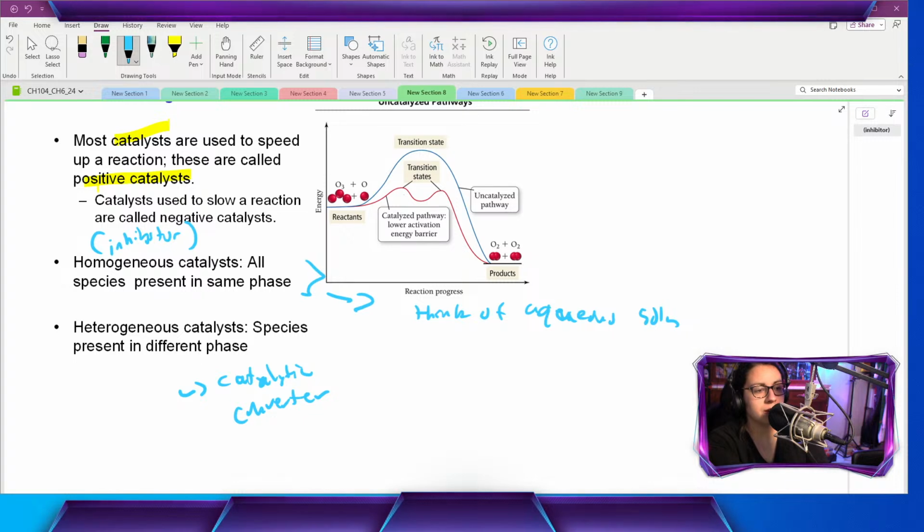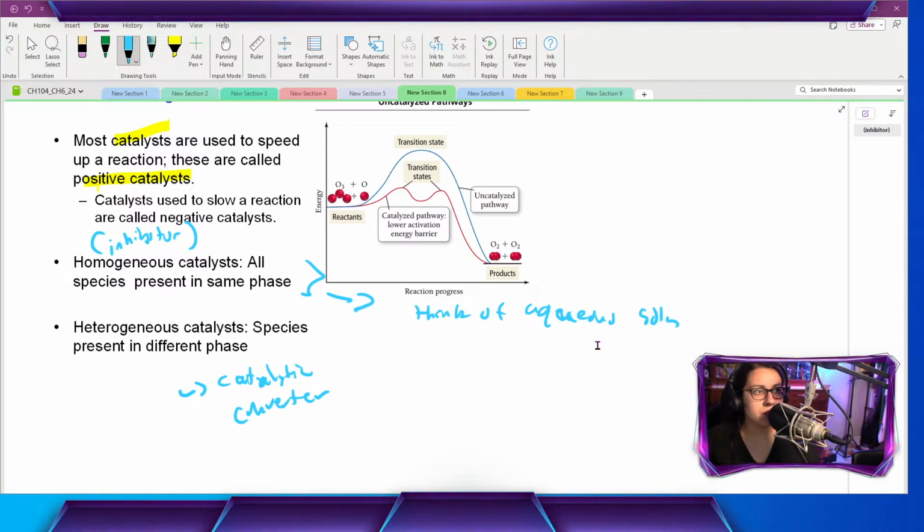Often people prefer, at least in industry, heterogeneous catalysts since that allows for easier separation. Part of the trick with the homogeneous catalyst, an issue with something like the Grubbs catalyst, is being able to separate and isolate out that catalyst. So sometimes your catalyst is just lost.